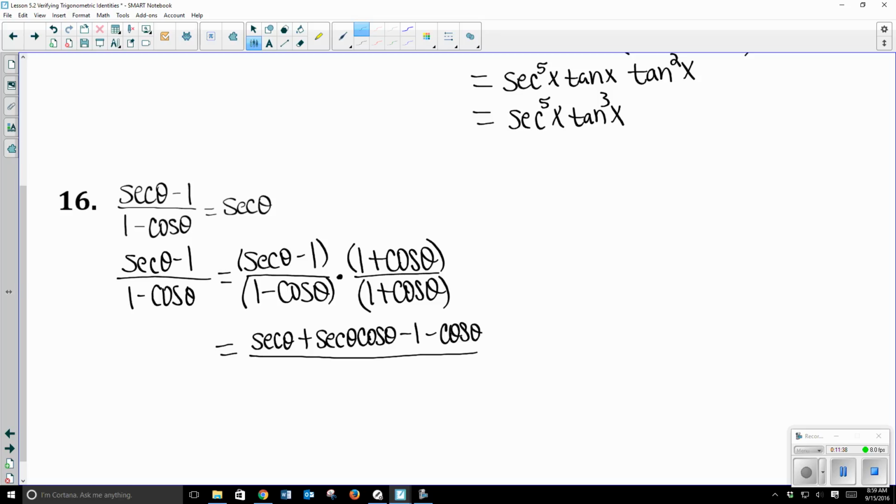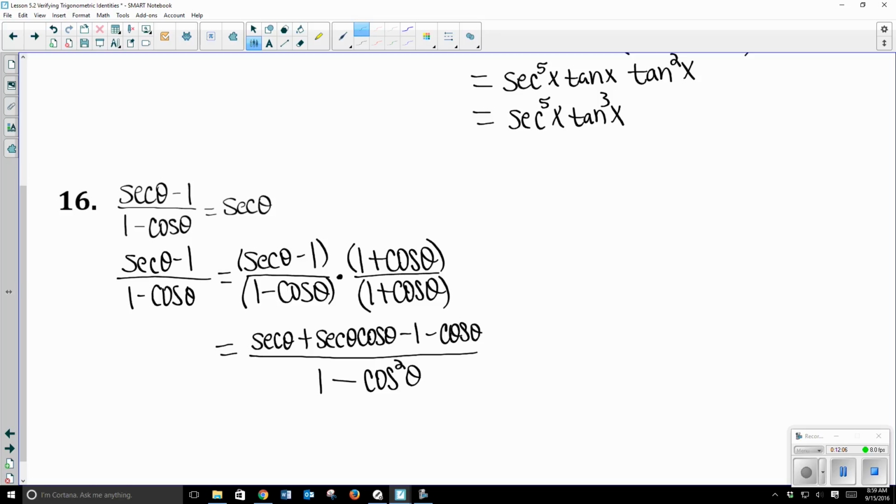In the bottom, there's a shortcut for multiplying 1 plus cosine theta, 1 minus cosine theta. And that is the first term squared minus the second term squared. Because it's a difference of perfect squares, and that's how that works. But if you want to use the FOIL method, you'll see that the two middle terms will cancel, and when you simplify, you will get 1 minus cosine squared theta.